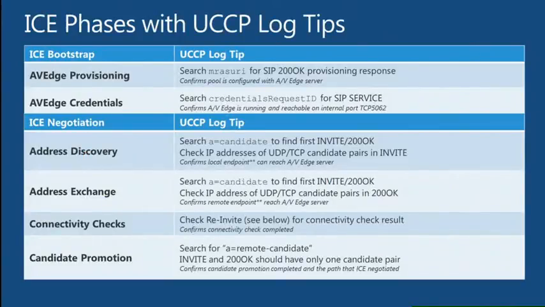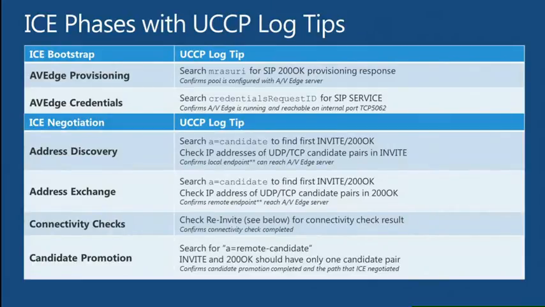Here, a quick cheat sheet, what you can look for in the logs. The first two are the AV Edge provisioning. If you just search for MRAS URI, you get the first result that we looked at earlier. If you use the credentials request ID, then you should see the response from the server. I usually just search for MRAS and find all three interesting log entries.